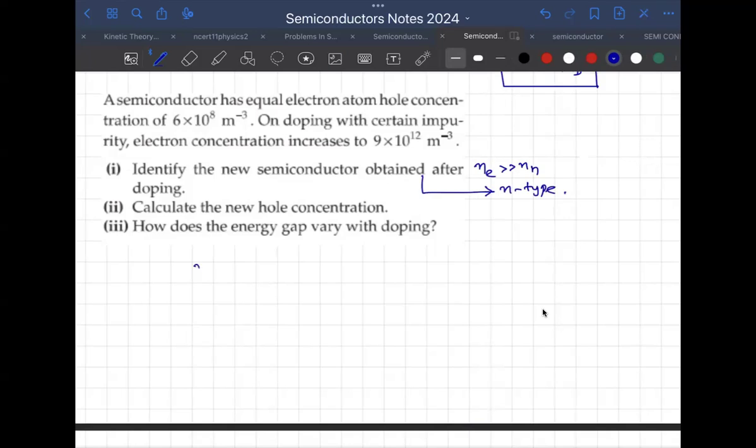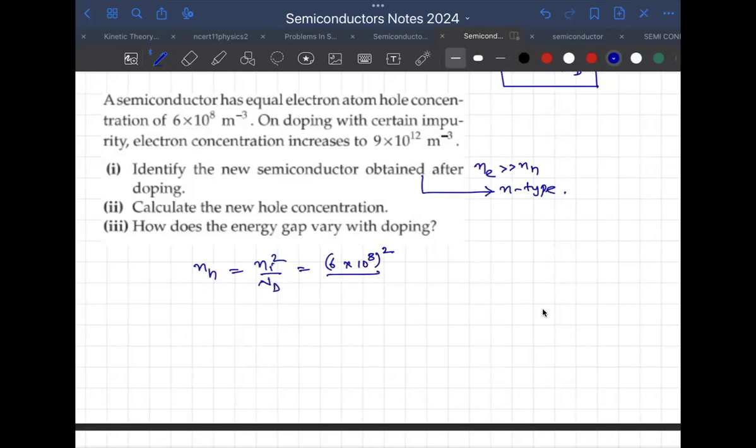Number of holes is equal to n_i squared by N_donor. So what is n_i squared? 6 into 10 to the power of 8, whole square, as given initially.